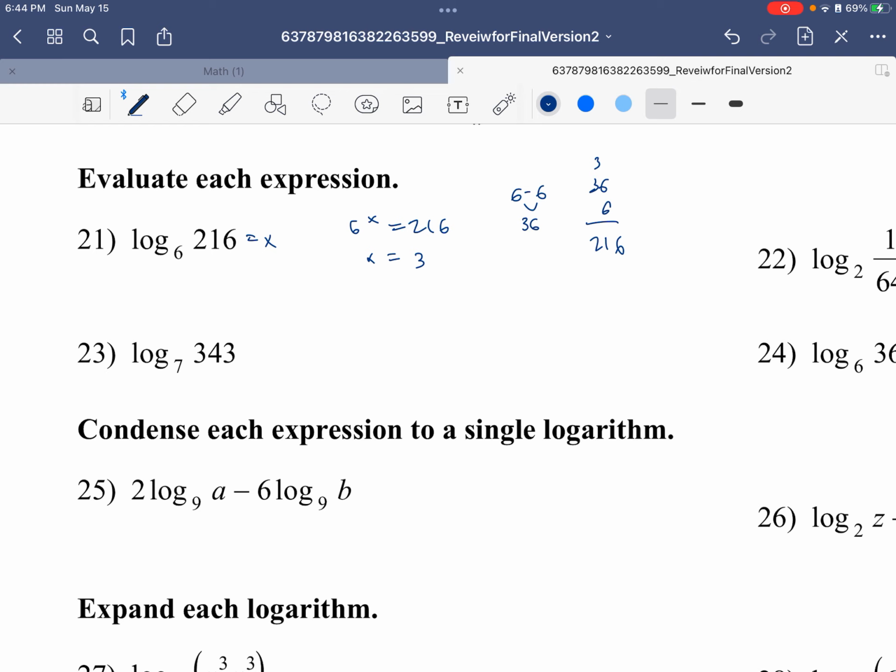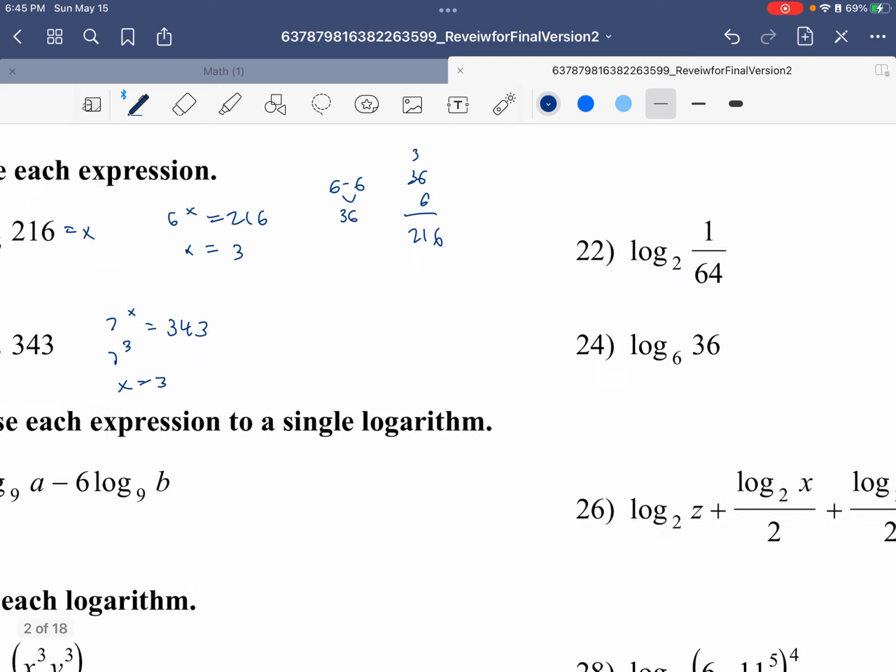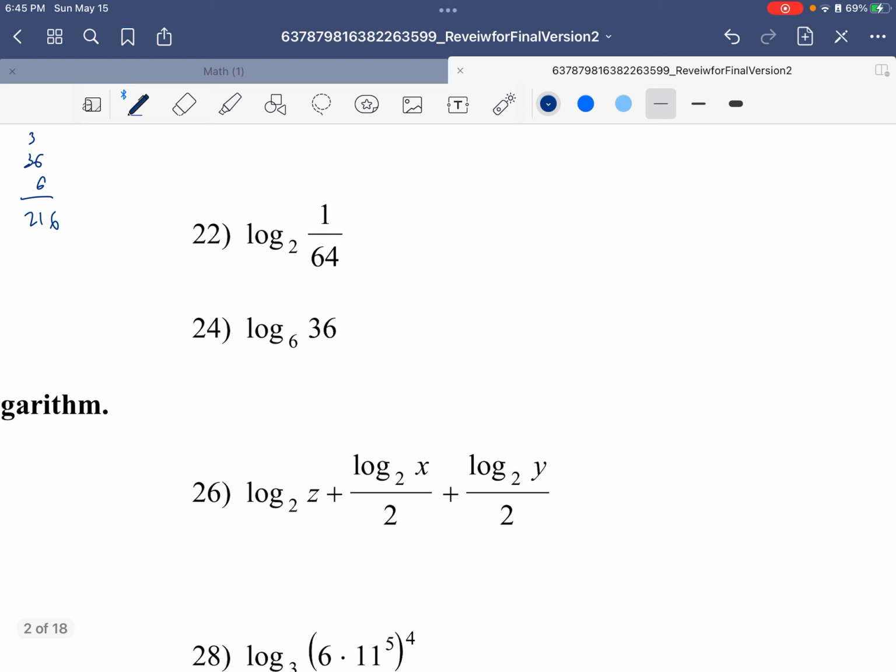Okay, so for the next one, we have this. I like to rewrite it. It's just easier to look at and evaluate. So 7 to the power of 3 gives you that, so x equals 3. Over here, a fraction. In order to get a fraction, 1 over whatever number, a number has to be raised to a negative power.